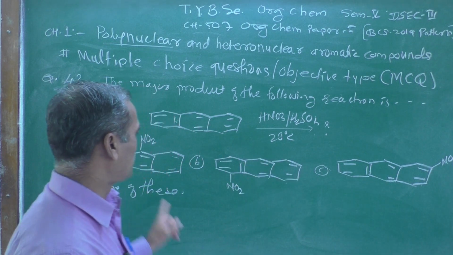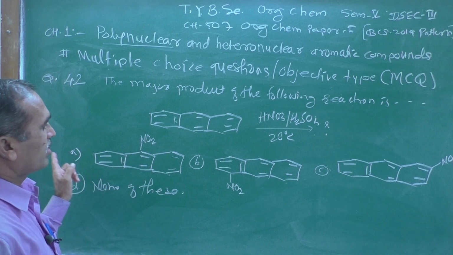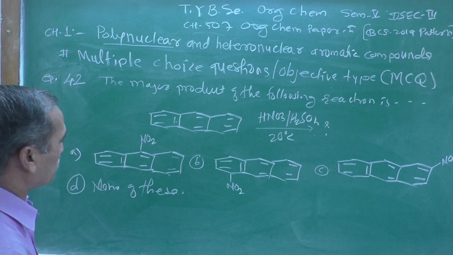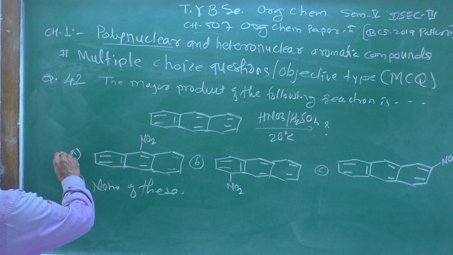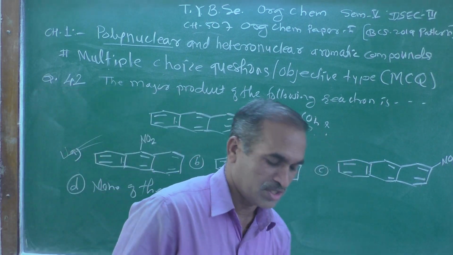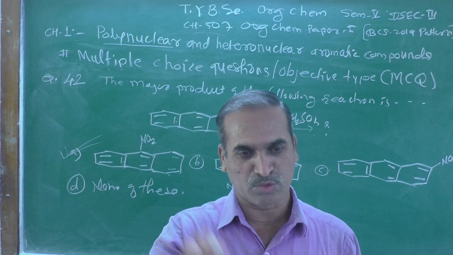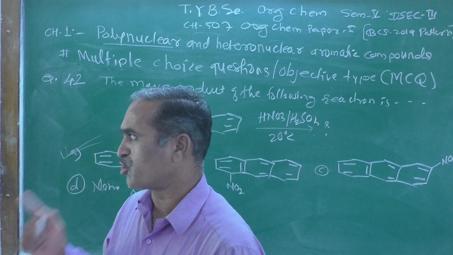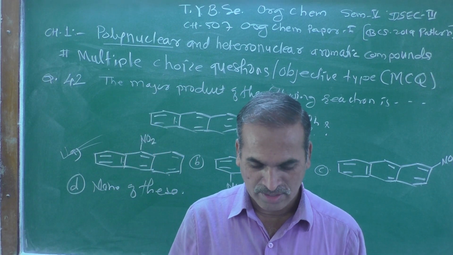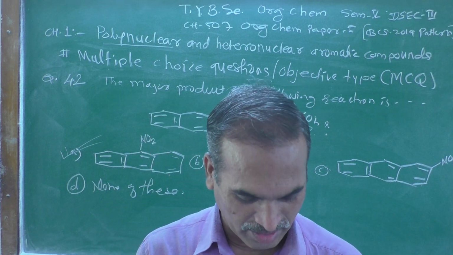Now if you observe the options carefully, in A the nitro group is present at the 9 position, and therefore A would be the correct answer. Nitration occurs at the 9 position, which means electrophilic substitution mainly or exclusively occurs at the 9 or 10 position.